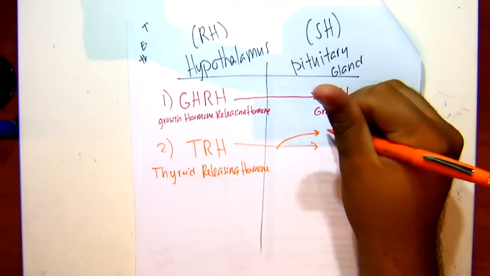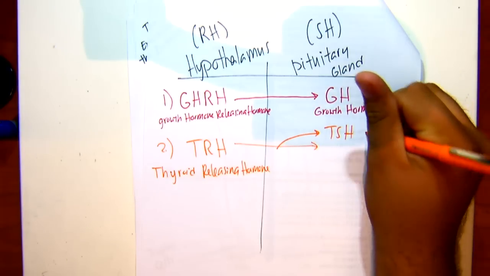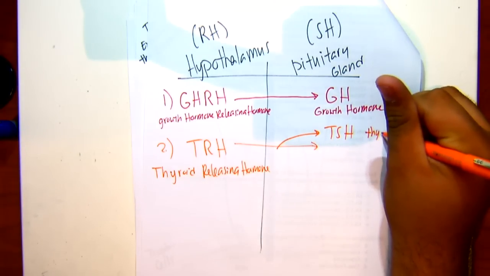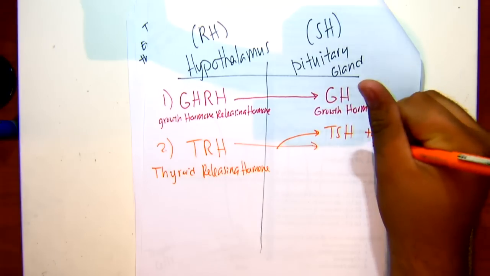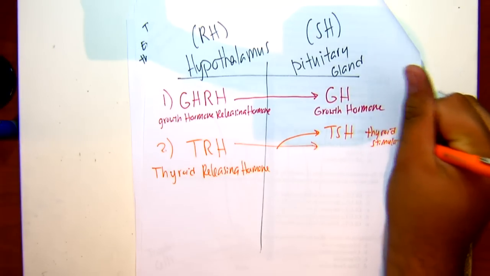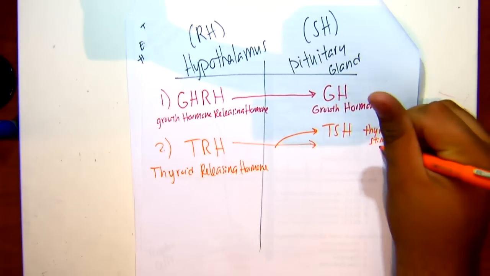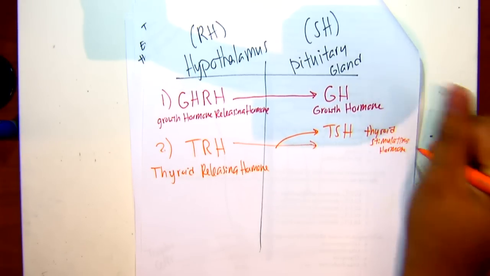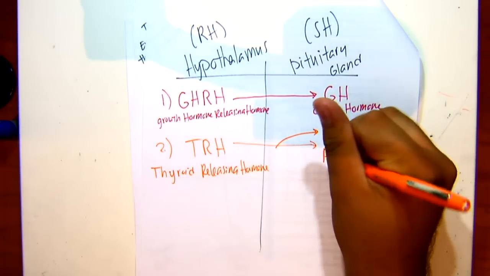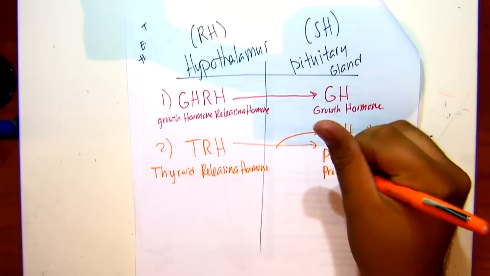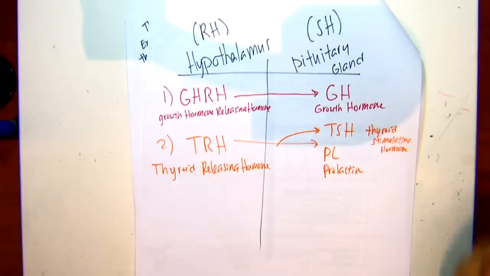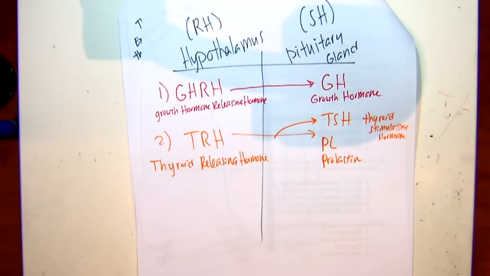So this one secretes our TSH, which is our thyroid stimulating hormone. And it also does PL, which is prolactin. And we talked about prolactin, right? Don't get that wrong.